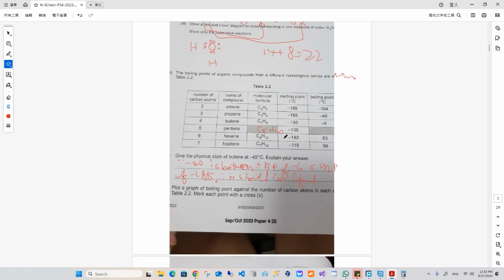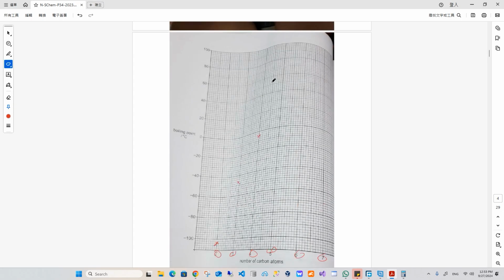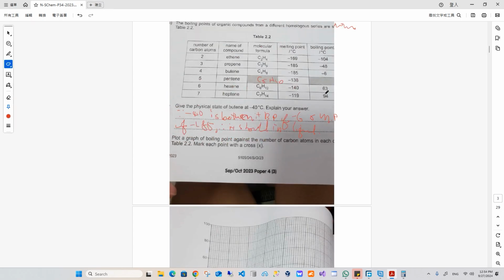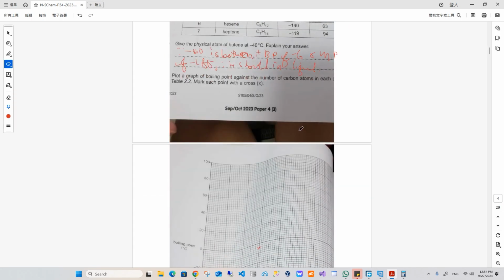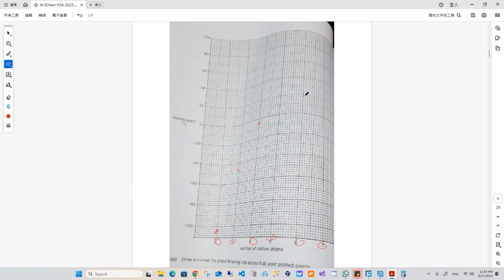Okay, maybe my mouse is off a bit, so you girls be careful. Minus 6, at 2, 4, 6. The next one is 63. So 63 is between 2 and 4, in the center of the two dots.